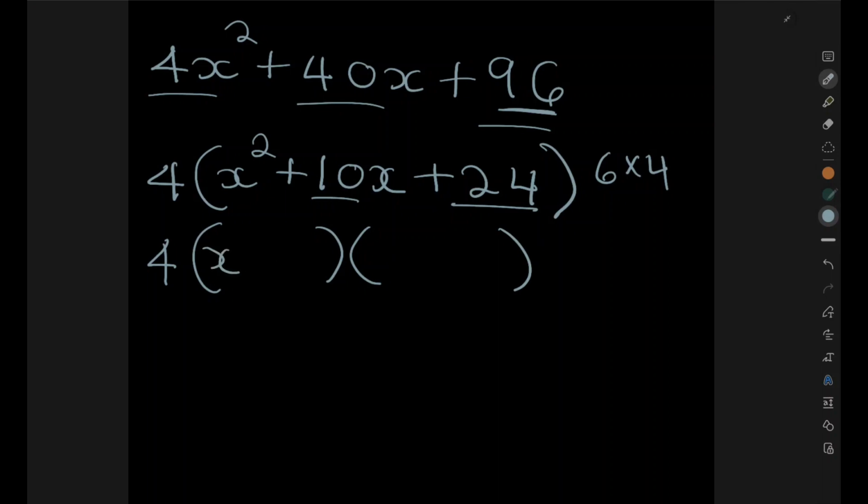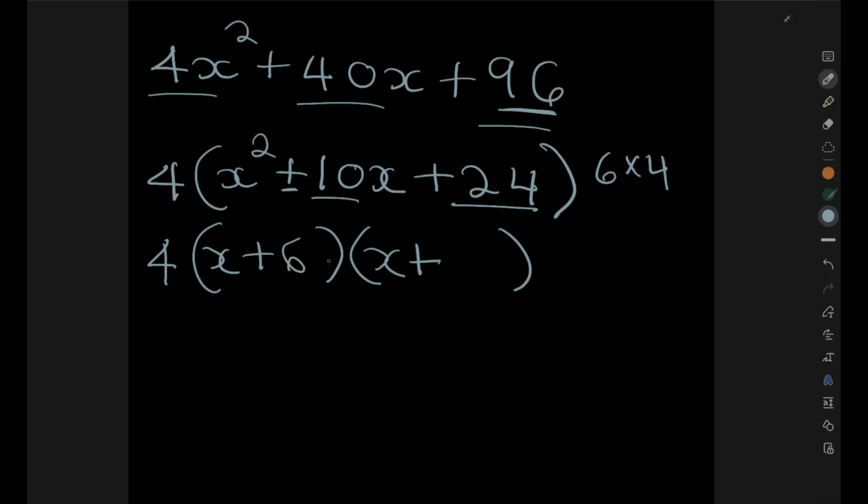I put my x here, I put my x here, and then remember, the sign in front of the 24, if it's a plus, tells you that the two signs you're going to put in the brackets are the same. And the sign in front of the 10 tells you what those two signs are. So in this case, it's plus and plus. And it doesn't matter where you put your 6 and your 4.